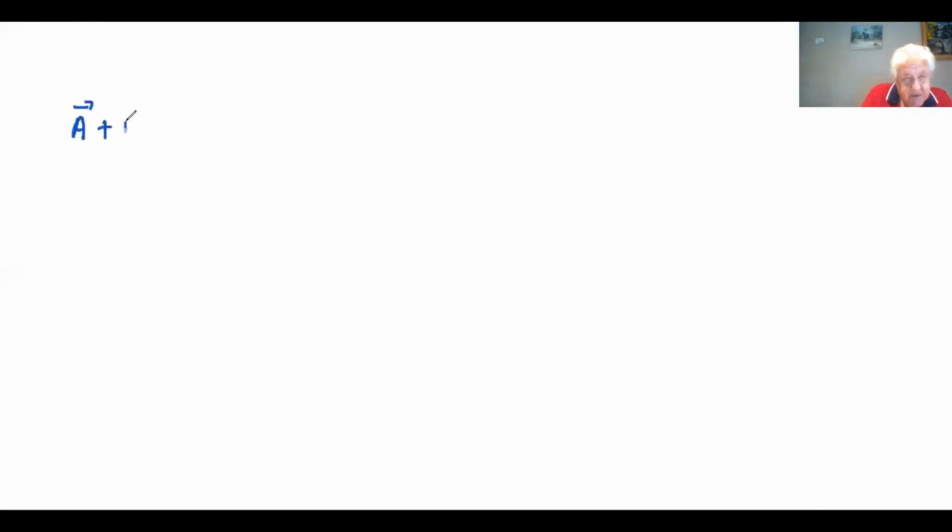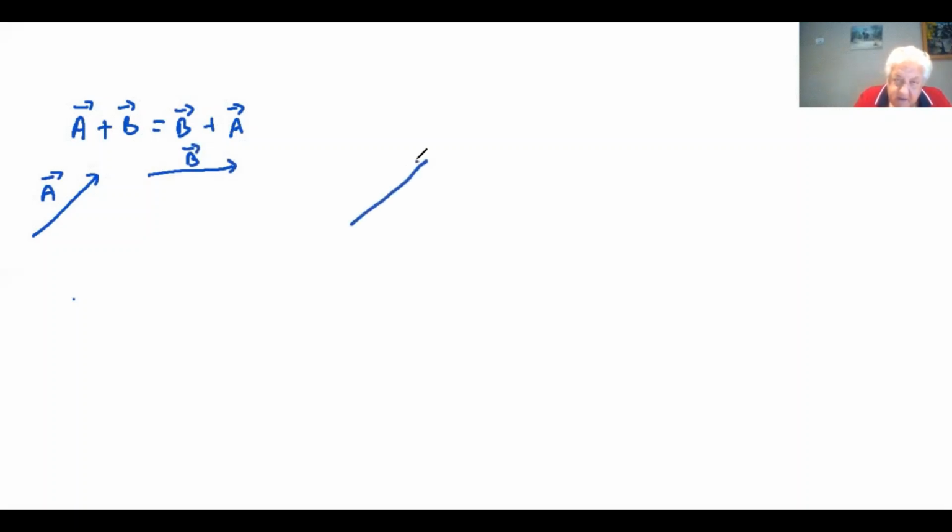A plus B equals B plus A. So if I take the vector, let me say this is vector A, this is vector B. So vector A, let me draw B a little bit longer.